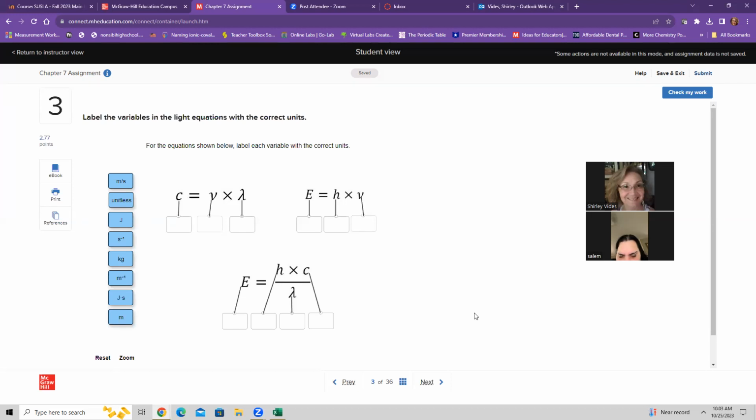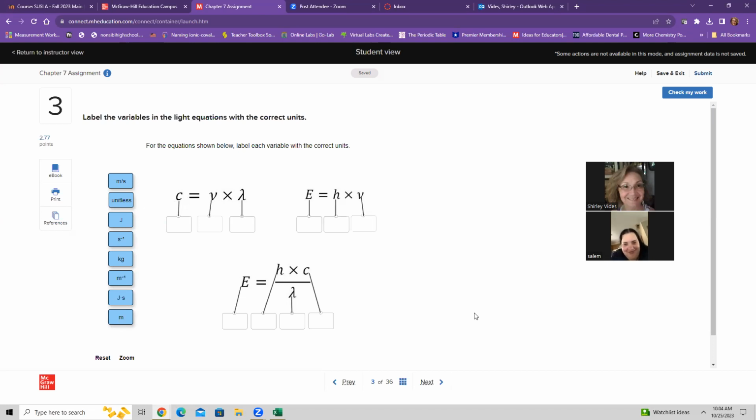Lambda, which looks like an inverted Y kind of, is the wavelength. Frequency and wavelength. And h is a constant and c is a constant. h is called Planck's constant, and c is the speed of light. E just stands for energy.